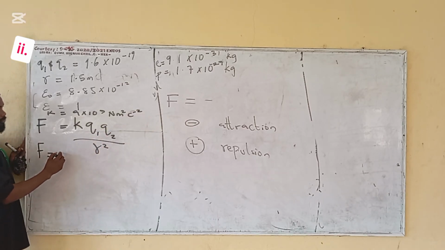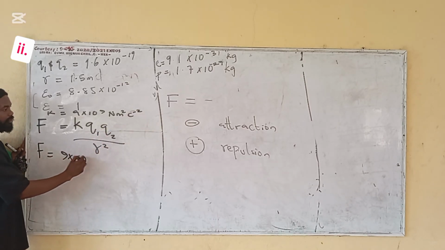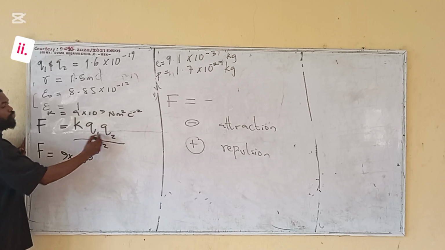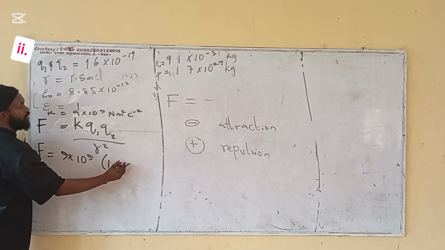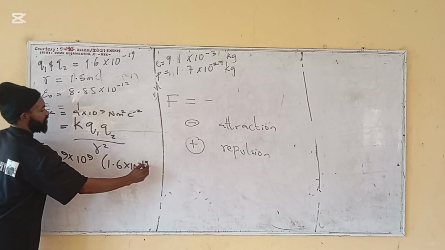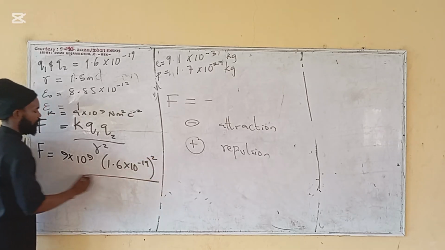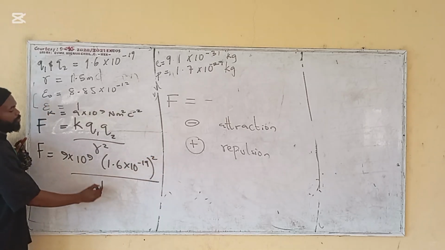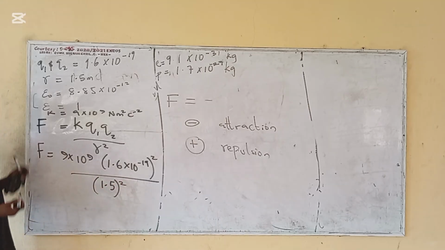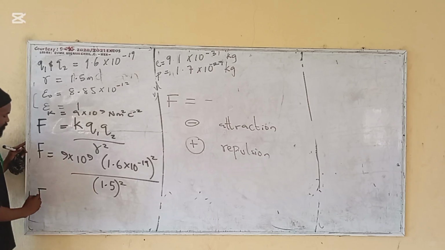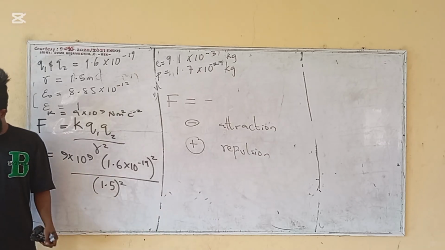Q squared because it's just 1, so 1.6 times 10 raised to the power minus 19, all over R, which is 1.5 meters, squared. Punch it, let's see what you have.